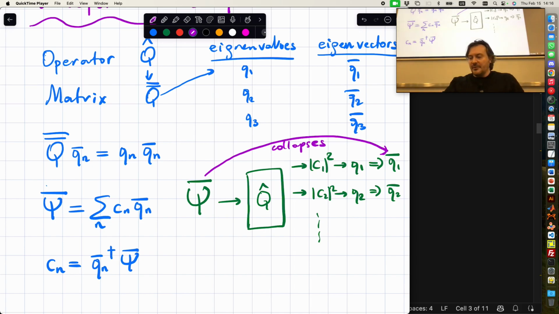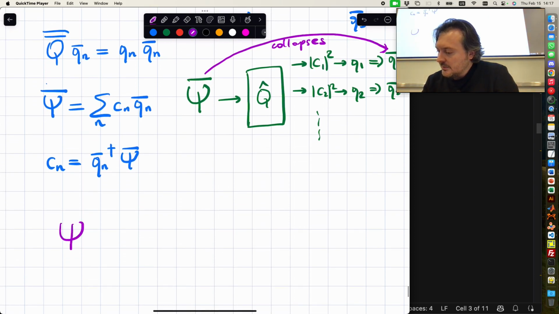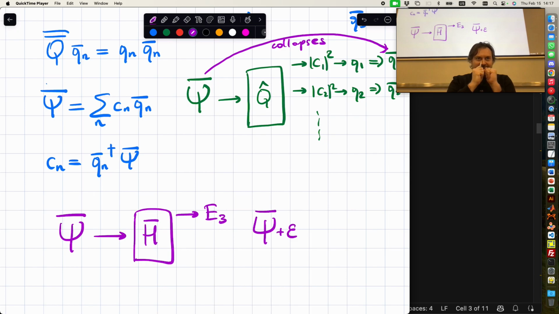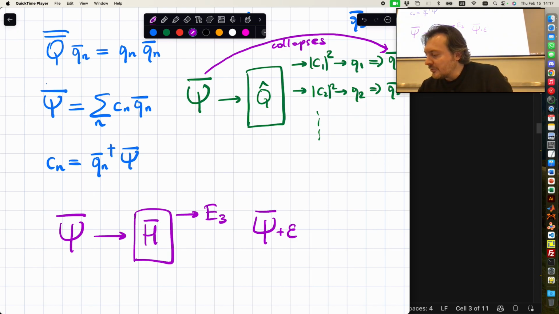Why does it have to collapse? Let me tell you why. Let's say you measured total energy, and it came out as E3. If it still stays somewhere around phi, like phi plus delta phi, phi plus epsilon, affected by it only a little bit, then if you do another measurement, the energy could be E2.